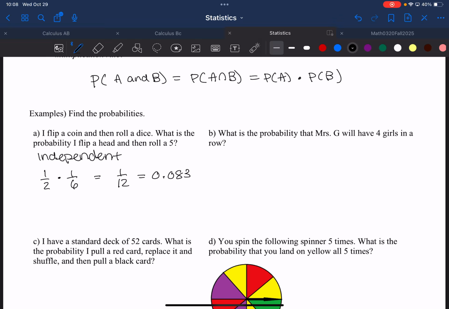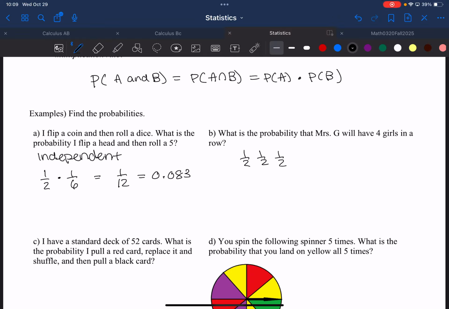Okay. Example B, we said that the probability of gender is independent, right? So it says, what's the probability that Mrs. G will have 4 girls in a row? Okay, well, what's the probability of having a girl? 1/2. Okay, what's the probability of having another girl? 1/2. The third one? 1/2.